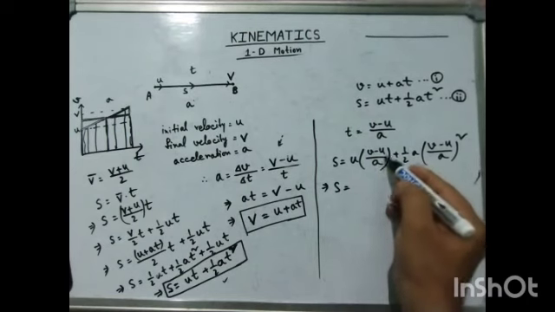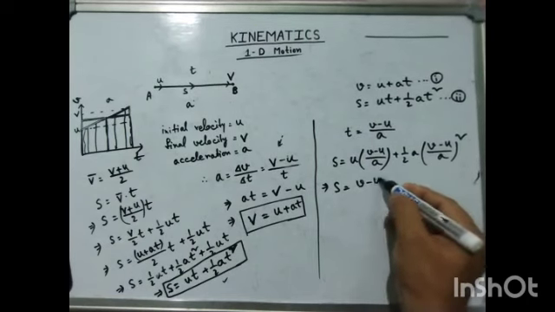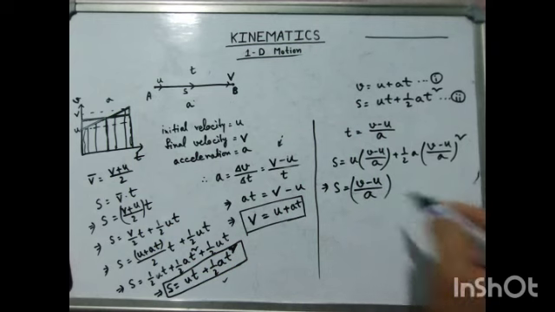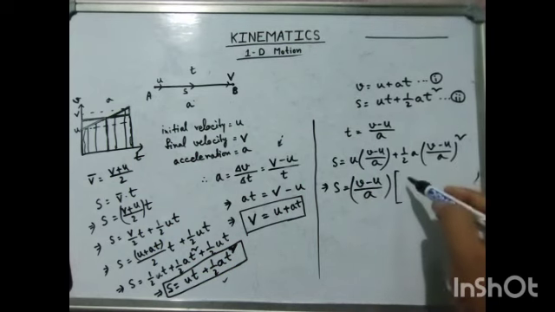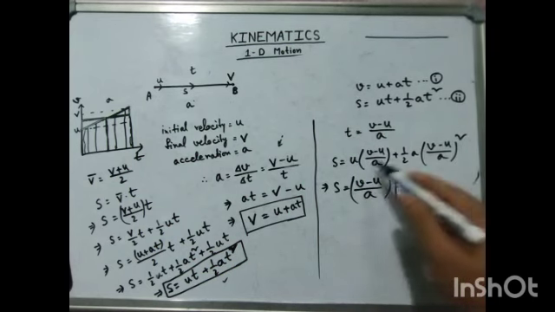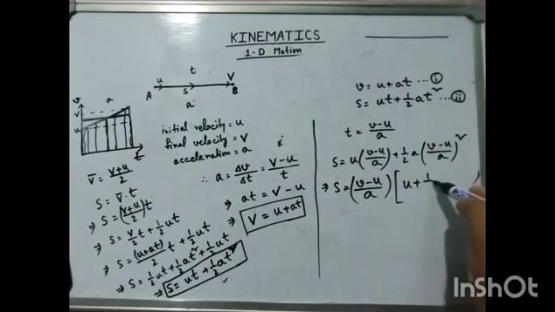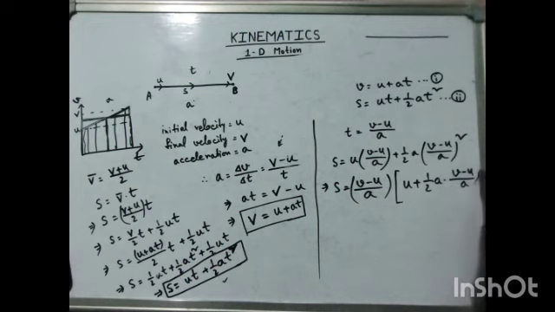You can take v minus u by a as common. Now it will be just u plus half a into (v minus u by a).